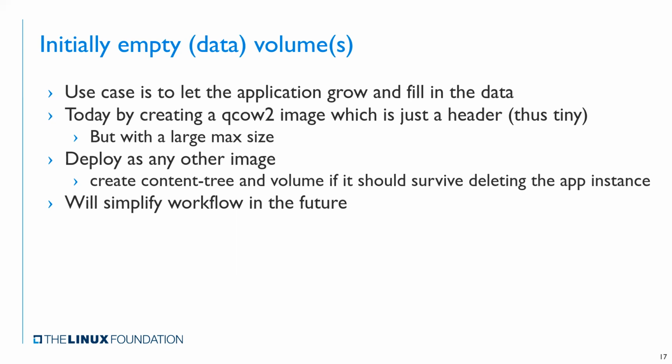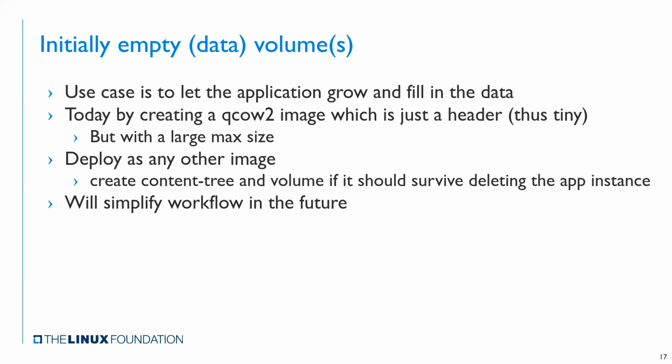You just go deploy using this. You can make it a persistent one if you want to be able to delete that app instance, and that volume actually sticks around. But you don't have to do that. You can just make it an implicit one as well.